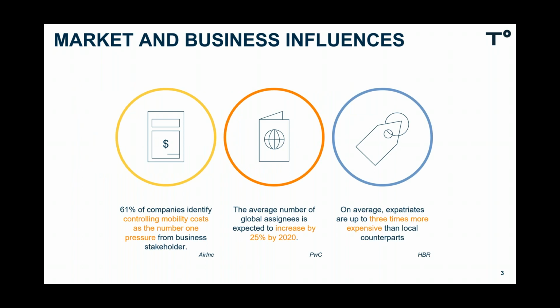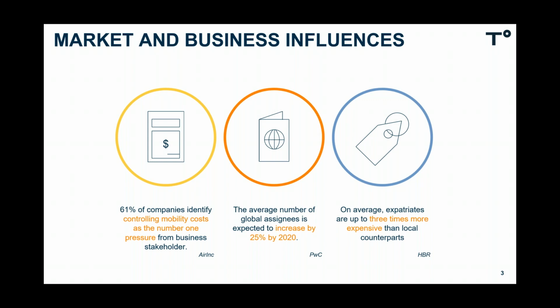Many of you will be familiar with these statistics, but just to set the stage a little bit. 61% of companies identify controlling mobility costs as the #1 pressure from business stakeholders. The average number of global assignees is expected to increase by 25% by 2020. And on average, expatriates are up to 3 times more expensive than local counterparts. What does this mean to us all?